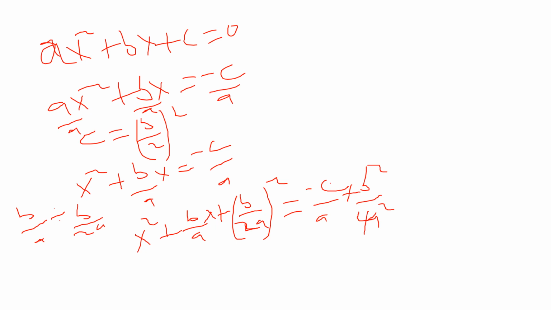So now the next thing that we can do is to factor out on this side. So we shall be left with x plus b all over 2a, then squared, is equal to, if the LCM on this other side is 4a squared, if we divide a by 4a squared, we leave 4a, then we multiply by c, we get negative 4ac.